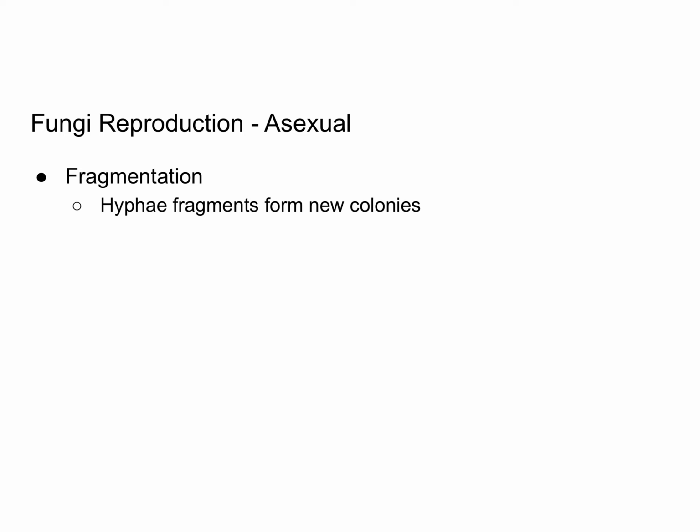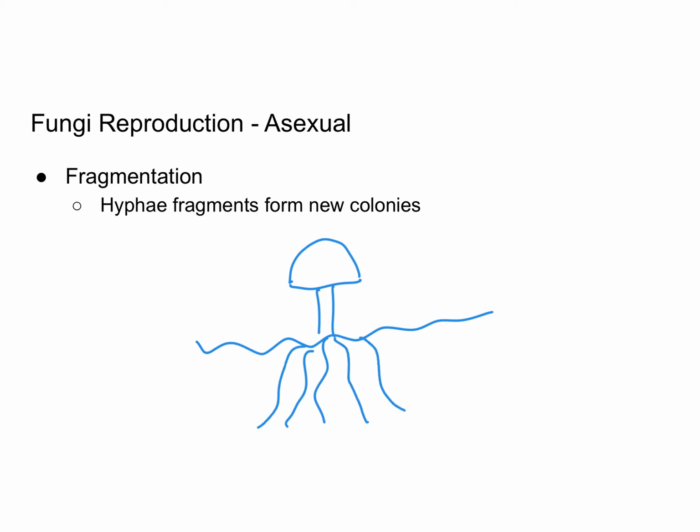Fragmentation occurs when fragments of the hyphae form new colonies. So remember, we've talked about the mushroom, and the hyphae are these strings, kind of like the roots that are underground. Remember that these hyphae are made up of cells.